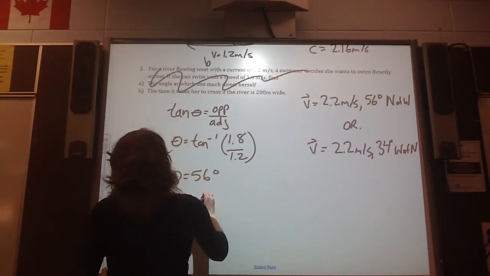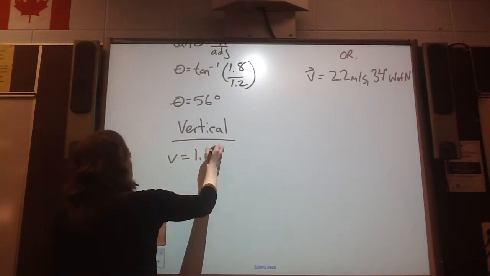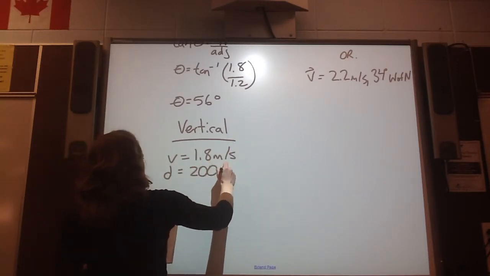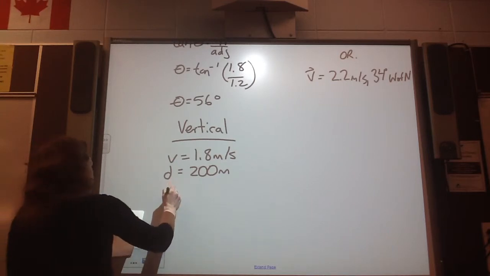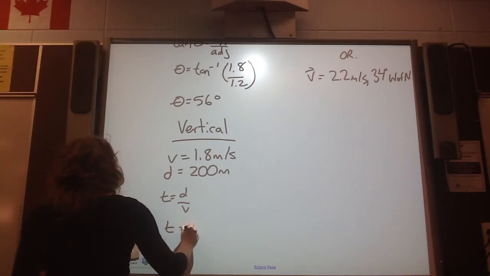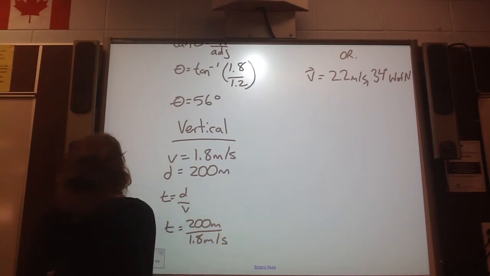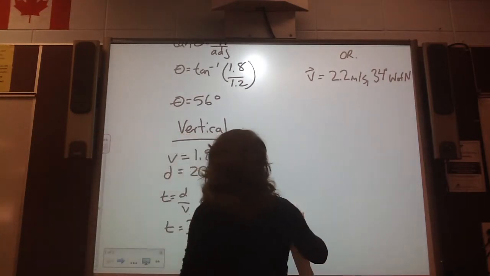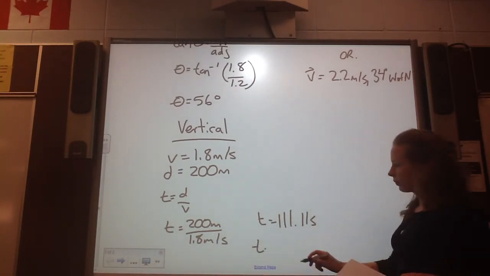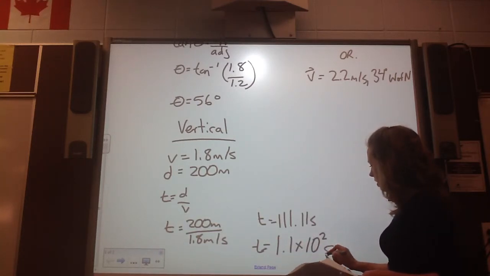So all of my vertical information, my V is equal to 1.8 meters per second, and my D is equal to 200 meters. T will be D divided by V. So T is equal to 111.11 seconds. This needs to be to 2 sig digs. So 1.1 times 10 to the power of 2 seconds.